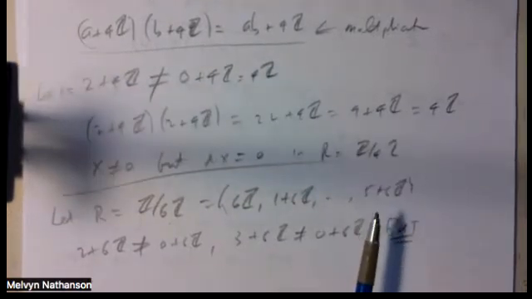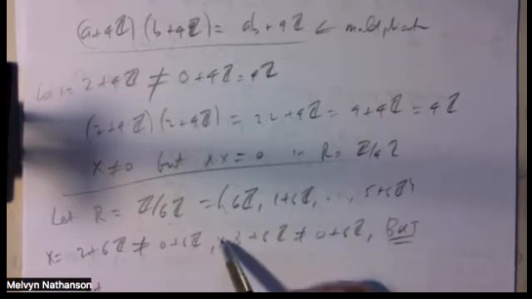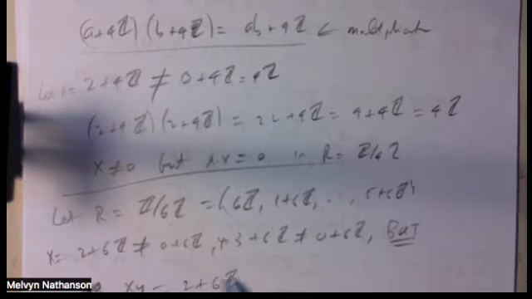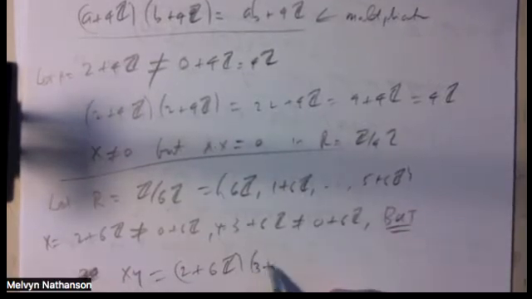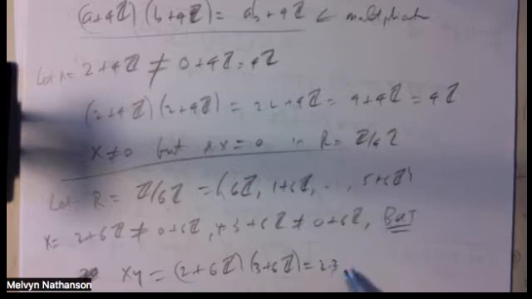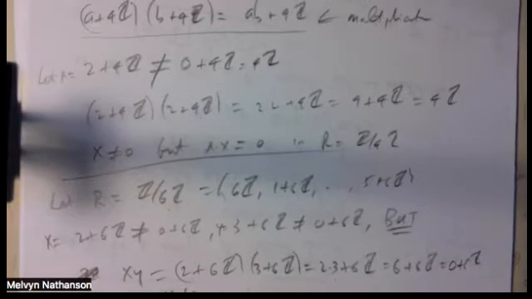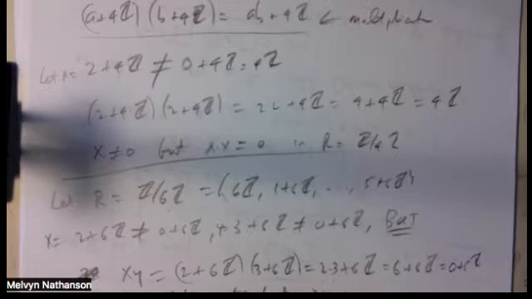But suppose I call this x and I call this y. x times y is the product of these 2 congruence classes: 2 plus 6Z times 3 plus 6Z. That's 2 times 3 plus 6Z. 2 times 3 is 6, and 6 is 0 mod 6. So this is 0 plus 6Z. In other words, x is different from 0, y is different from 0 in this ring, but xy equals 0.